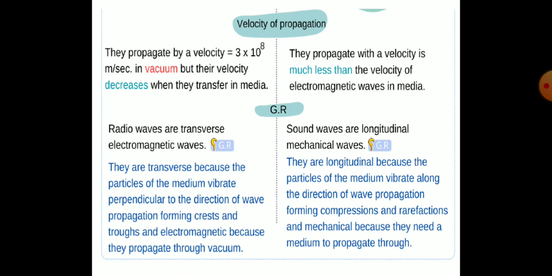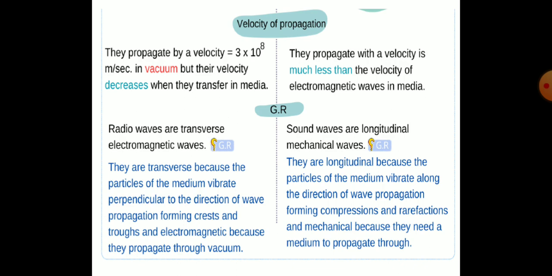The velocity of propagation. So first, they propagate with a velocity equal to 3 times 10 power 8 meters per second in vacuum. So it's constant. And on the other side, they propagate with a velocity much less than the velocity of electromagnetic waves.